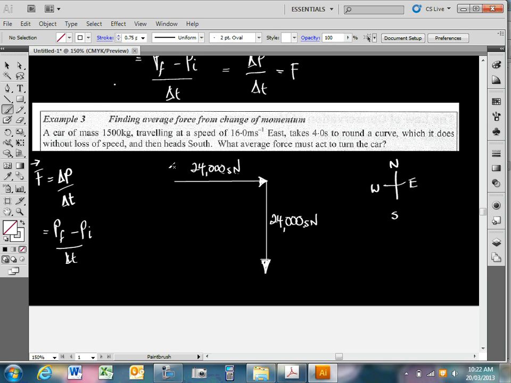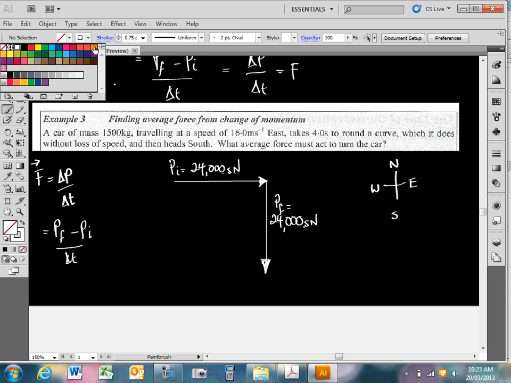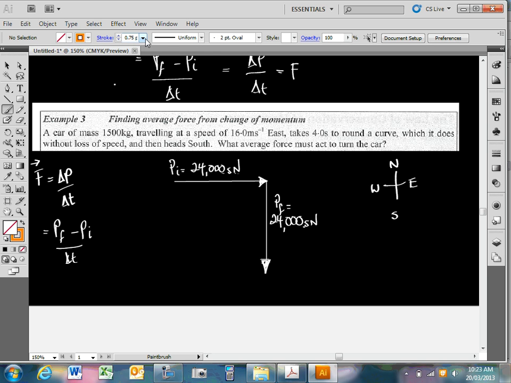This is initial. This is final. Minus the initial is going to be the reverse of that, isn't it? I'm going to flip it around and turn it around that way, and I'm going to add it to this vector here. Stay with me. Orange, for another straight line.